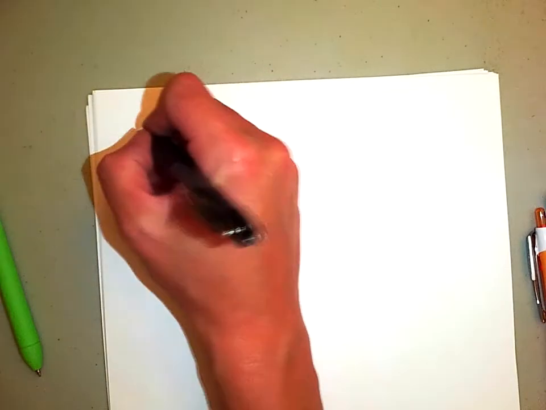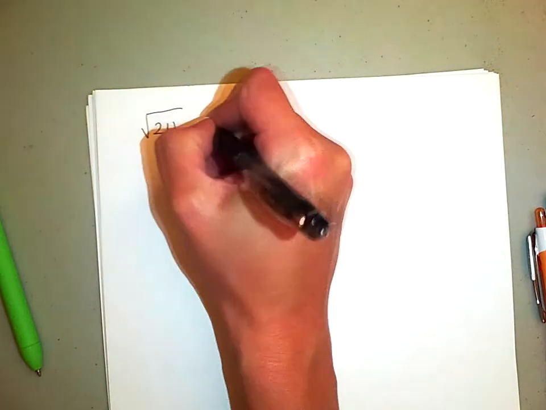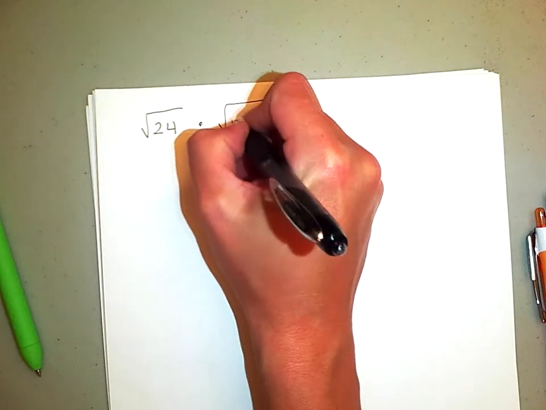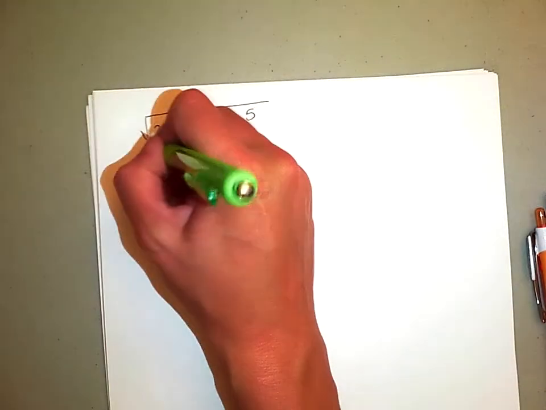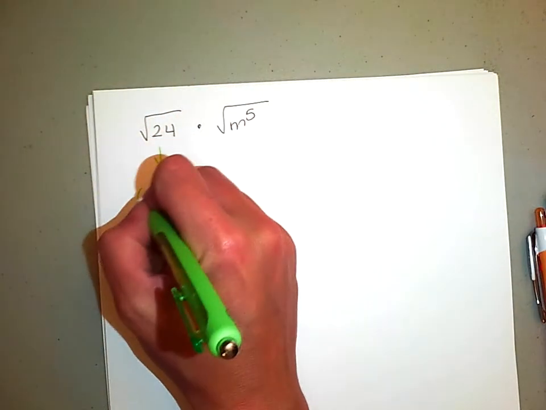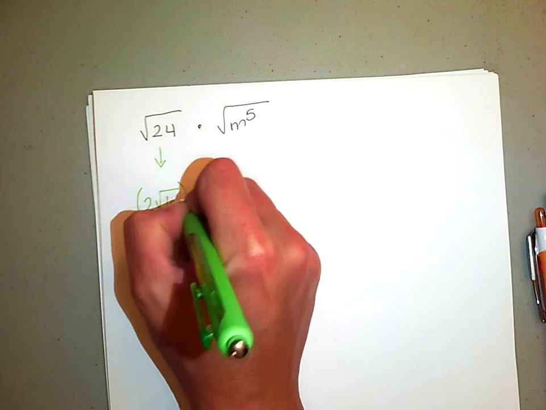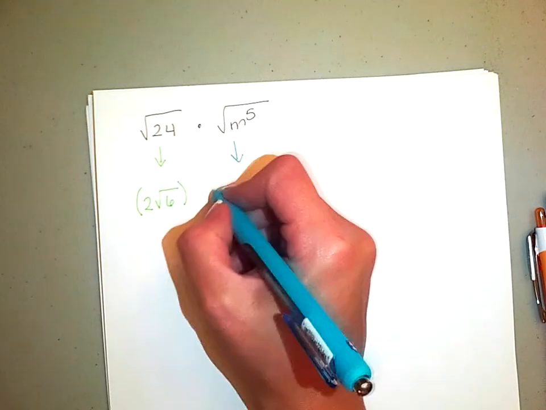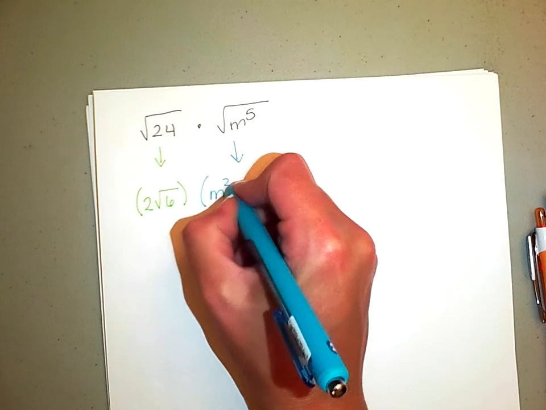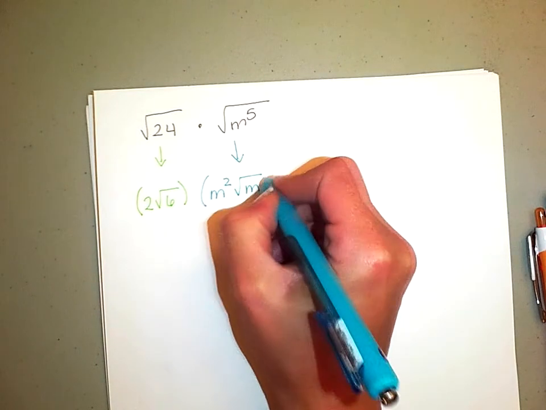So the square root of 24 times the square root of m to the 5th, we saw this could be simplified as 2 square roots of 6 times from here, and this could be simplified as m squared times the square root of m.